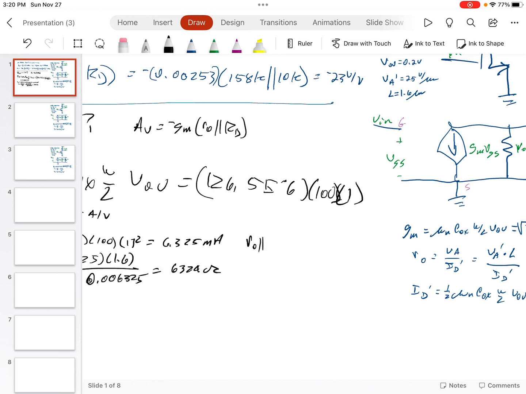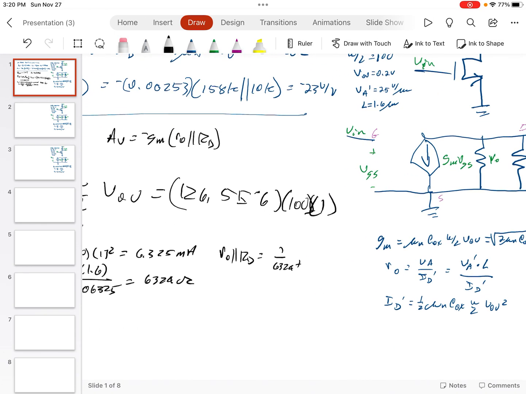And so that's going to change the value of R naught parallel with RD. So that means that R naught parallel with RD now is equal to 1 over 6324 plus 1 over 10K. So that's 3874.